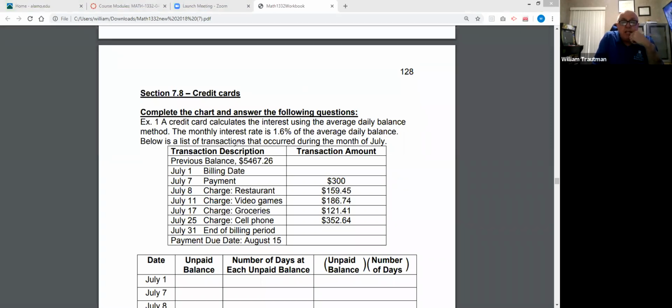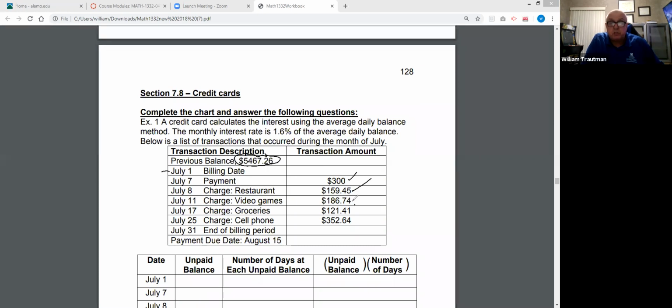On 7.8, we're going to look at a credit card statement and how the credit card company calculates our payments and our interest and everything. You get a statement saying your previous balance from last month was $5,467.26, and our billing date is July 1st. You made a payment on July 7th of $300, and then you went to a restaurant and spent $159.